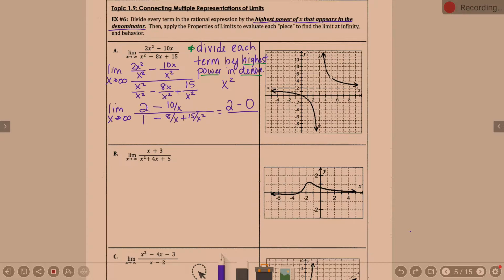The 1 in the denominator is still 1 as we approach infinity. 8 divided by an ever-increasing bigger number is still 0. Anytime you have a constant on top dividing by a bigger and bigger number on the bottom, it's going to be 0. Plus 15 divided by infinity squared is still 0. What does this work out to be? 2. Okay, there's the calculus behind it. So our limit as x approaches infinity of f of x equals 2.